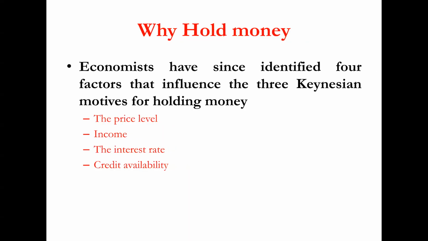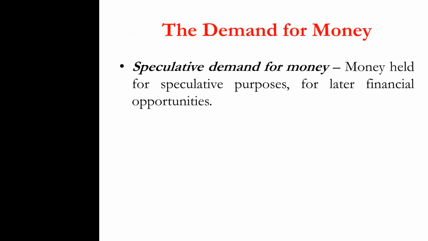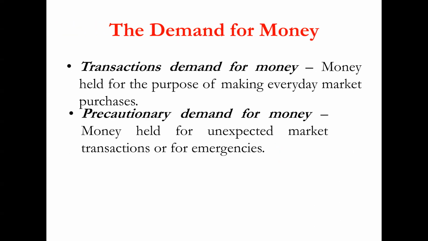Why do people hold money? The economists have since identified 4 factors that influence the 3 Keynesian motives of holding money. These 3 I was talking about are called the Keynesian motives of holding money. They were first expounded in 1936 by John Maynard Keynes, one of the great fathers of modern economics.